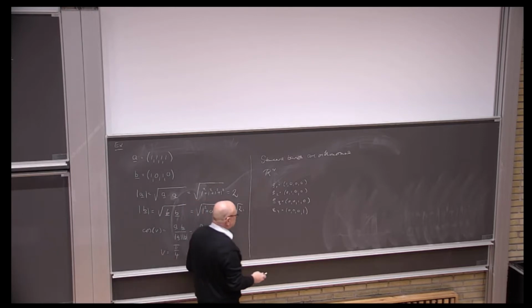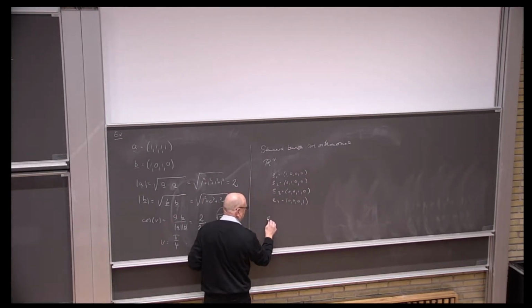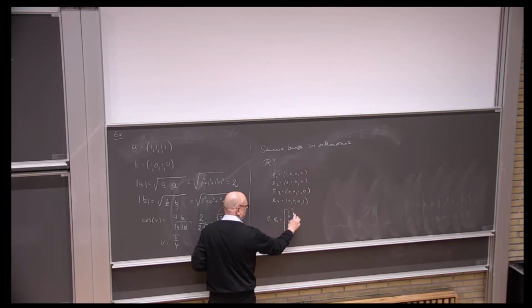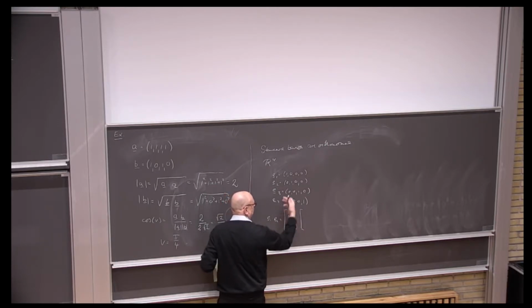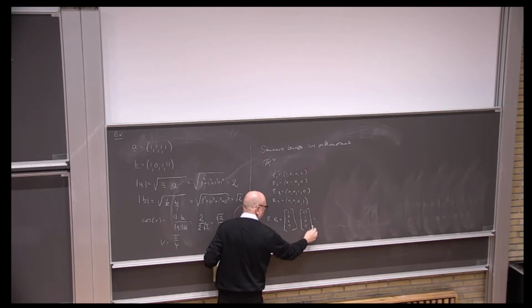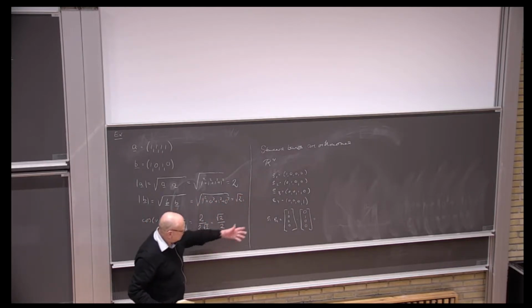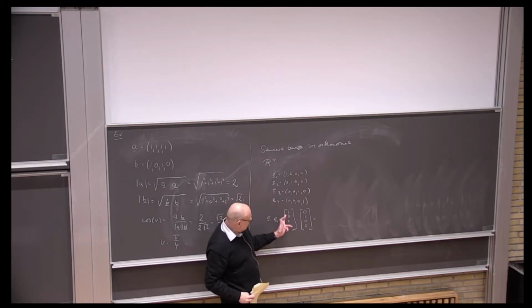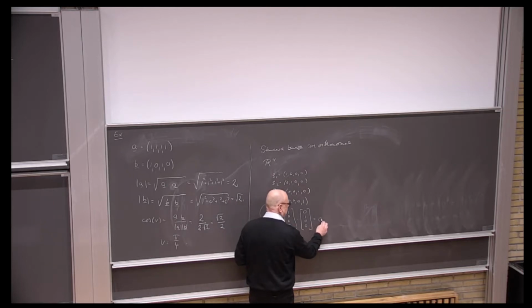Say if I take E1, which is 1, 0, 0, 0, and dot it with E2, which is 0, 1, 0, 0, you see that this is 0 plus 0 plus 0 plus 0, so this is 0.